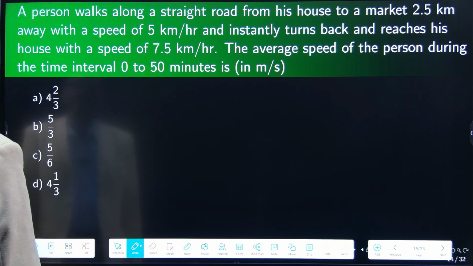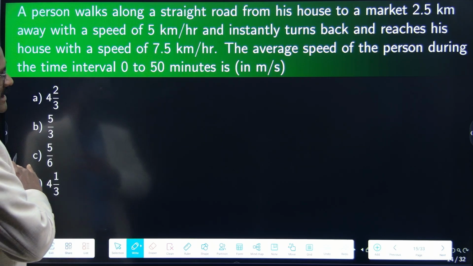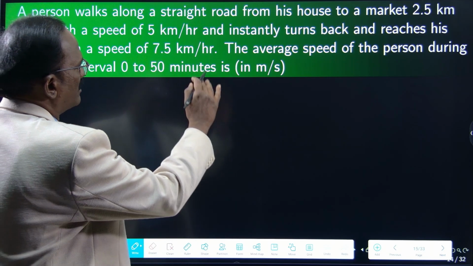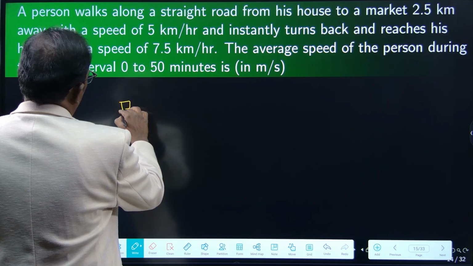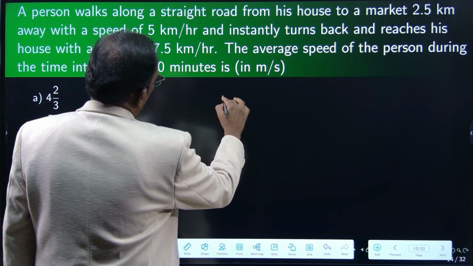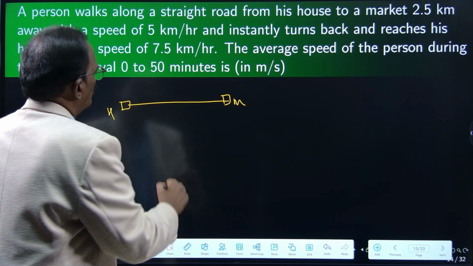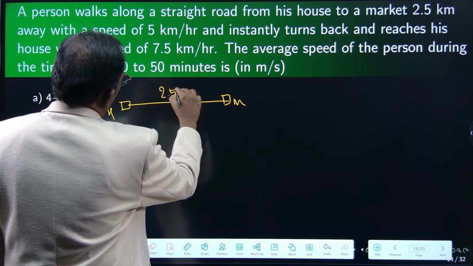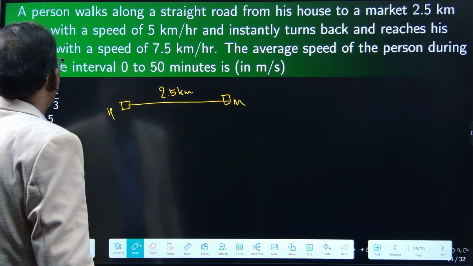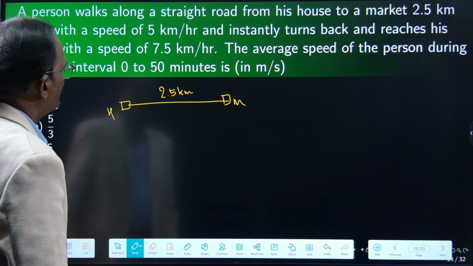Next problem. A person walks along a straight road from his house to market, 2.5 kilometer distance, with a speed 5 kilometer per hour.